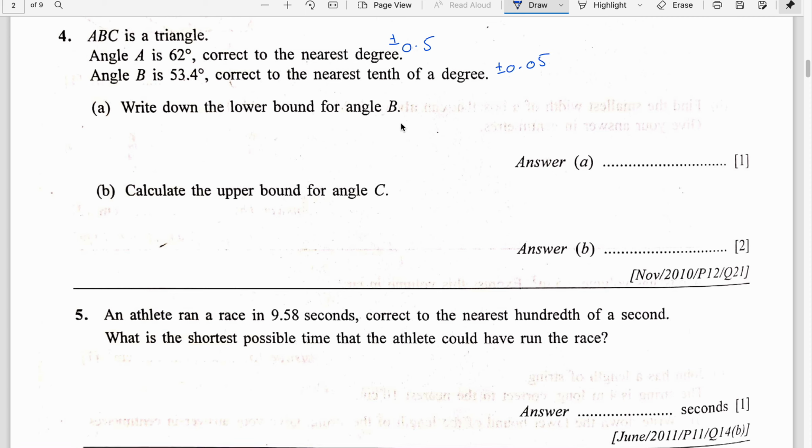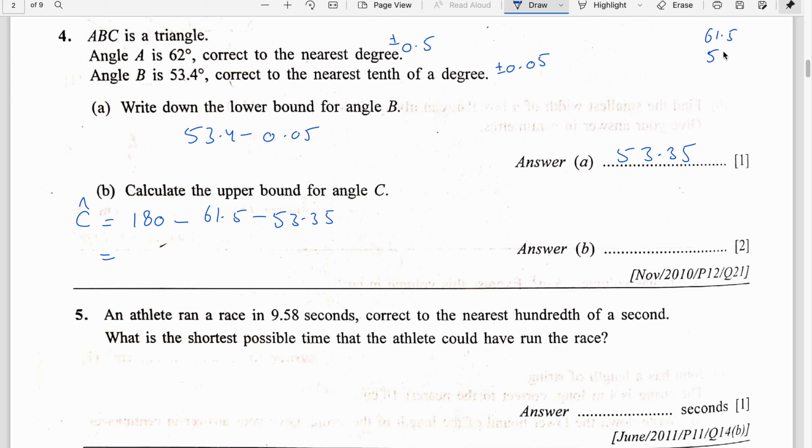Calculate the upper bound for angle C. We already have A and B. Total angle is 180. In order to calculate the upper bound for angle C, you should subtract lower bounds of A and B. So this is 61.5 and 53.35.